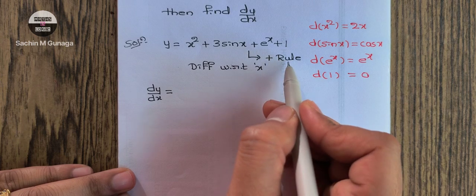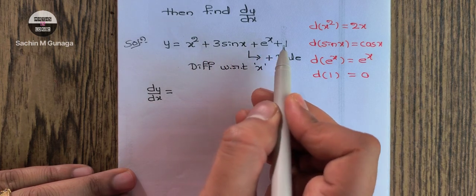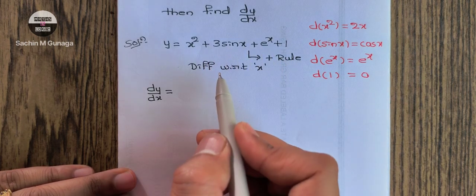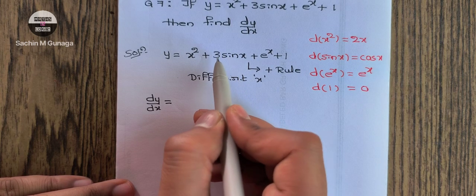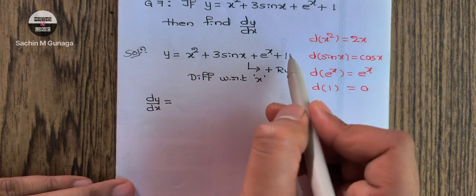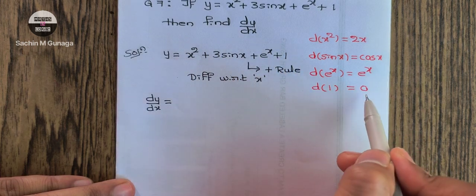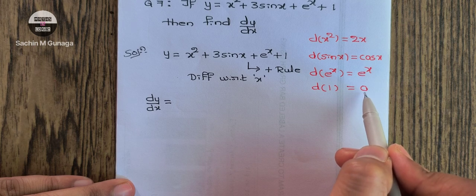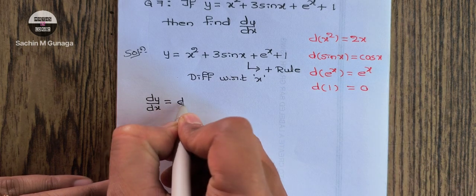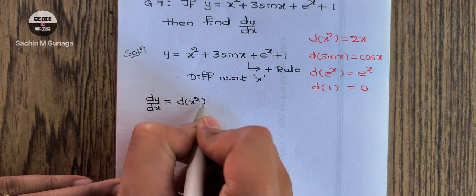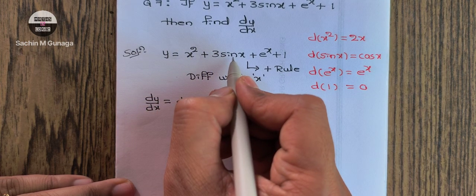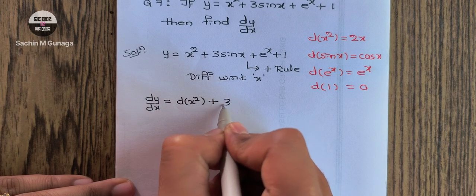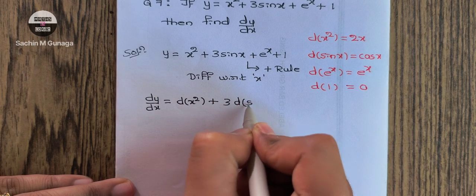So what that plus rule tells, every term we need to do the differentiation, but remember whenever we are differentiating the function, if a function beside a number comes, that number we need to take it outside, and if a pure number comes, that pure number differentiation directly goes to 0. Therefore here first differentiation of x square, only function it is, plus 3 is the number, sin x is the function, therefore that 3 we are going to take it outside. Differentiation of what here?